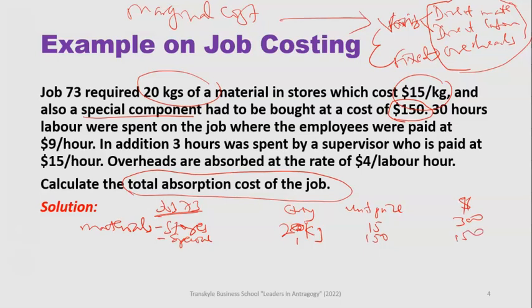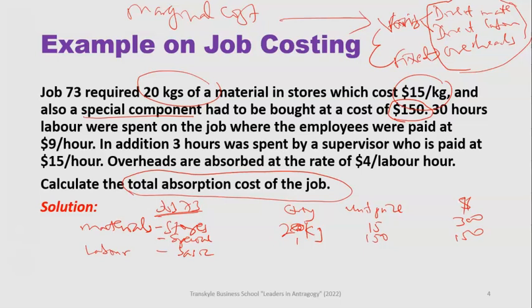We then have some materials there. We are told that the materials are only from store, and the special component. So we move on to the labor part. There is basic labor. From the question, we are told that 30 hours labor was spent on the job where employees were paid at $9 per hour.